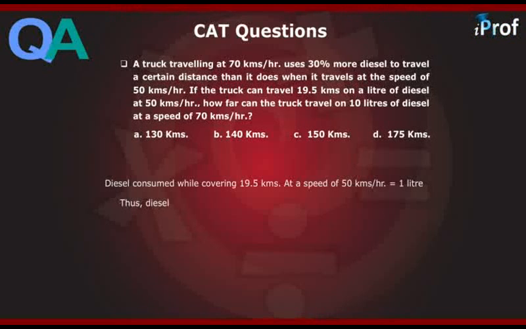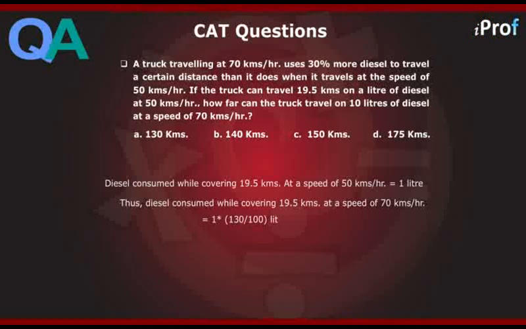Thus, the diesel consumed while covering 19.5 kilometers at a speed of 70 kilometers per hour is equal to 1 into 130 divided by 100 liters, which is equal to 1.30 liters. Since it uses 30% more diesel.